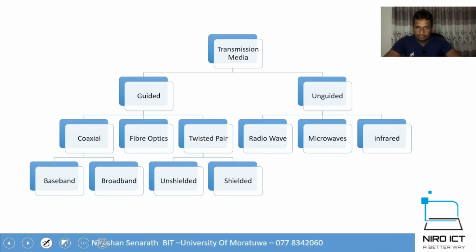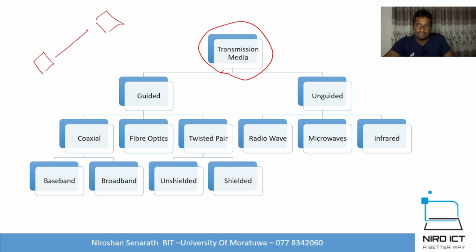When we see this diagram, I have drawn it to give you a clearer understanding. The transmission media, that means the connection between source and destination, can be categorized into two types: guided or wired, and the other one is unguided.